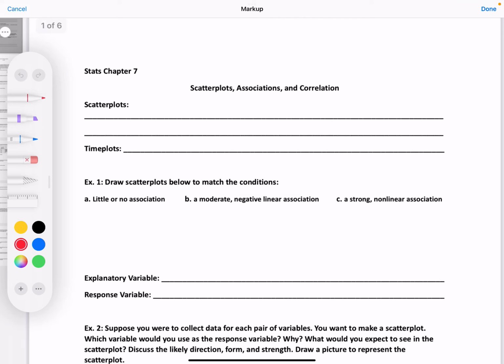Okay. So scatterplots, they are the best way to study the relationship between two quantitative variables.